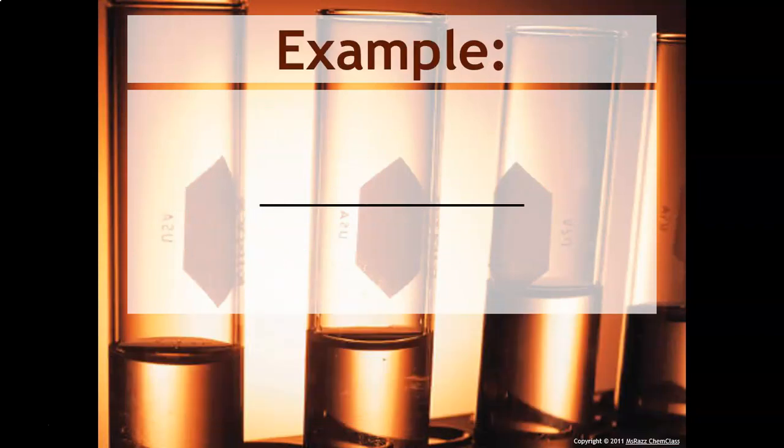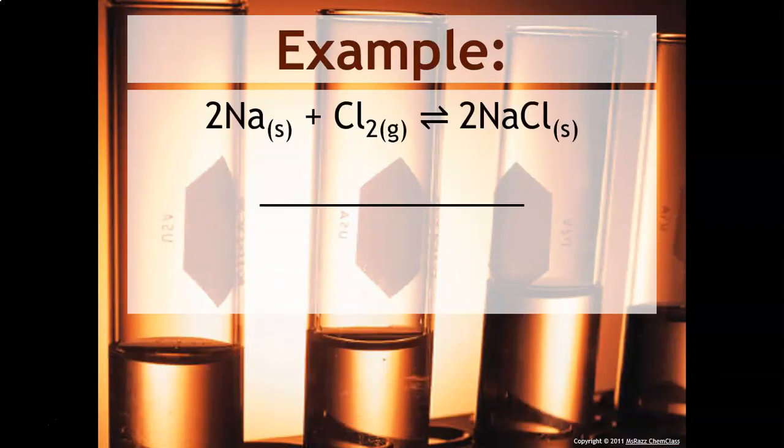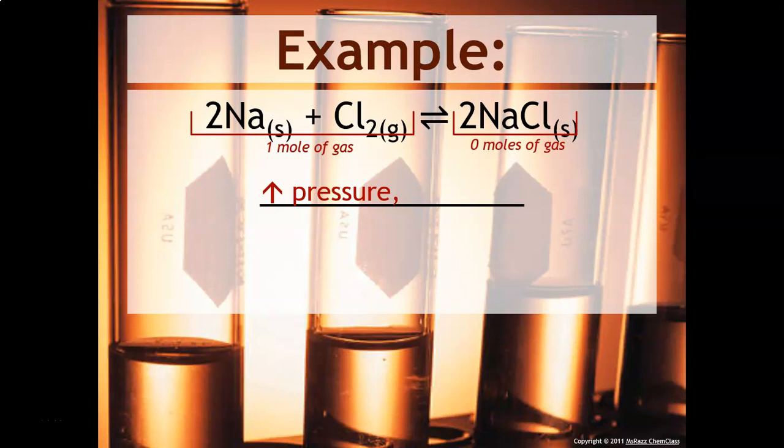For example, we've got the formation of sodium chloride. If we increase pressure, the reaction is going to shift to the side with fewer moles of gas. Notice on the left-hand side, we've got 1 mole of gas for the Cl2, and we've got 0 moles of gas on the right side. So that means the reaction is going to shift right because of that increase in pressure.